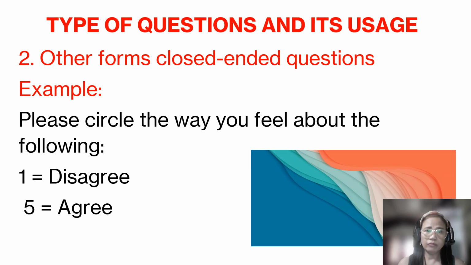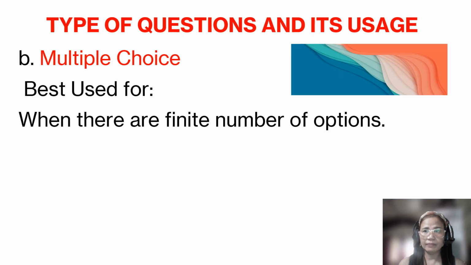Next, an example of that is: please circle the way you feel about the following. Your choices would be 1 for disagree, and 5 for agree.